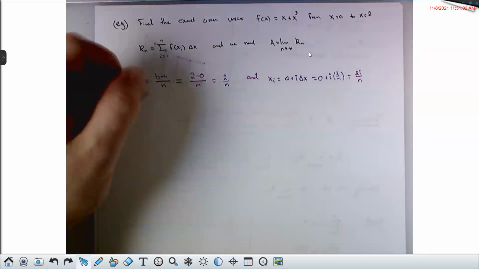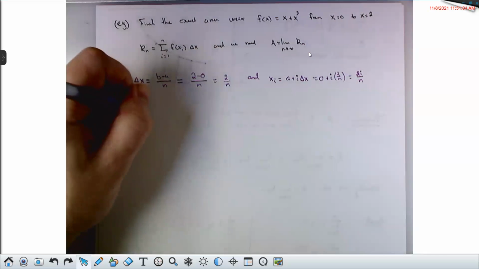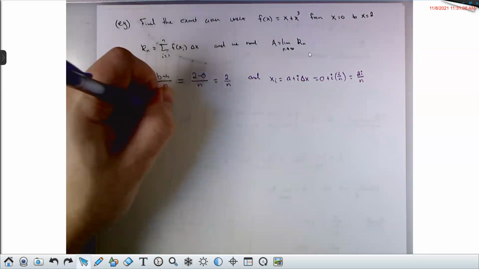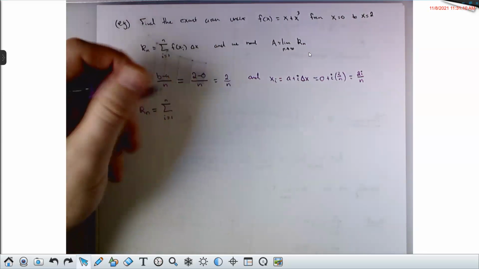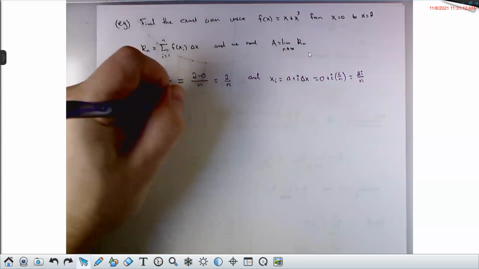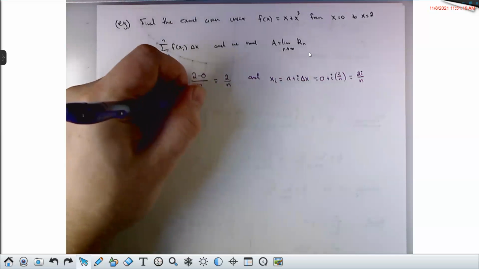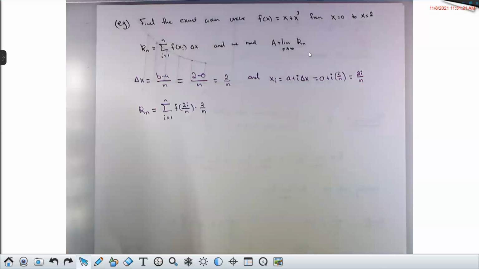So that means my Rn is sigma i from 1 to n of f of xi, which is 2i over n, times delta x, which is 2 over n. And the function f here is f of x equals x plus x cubed.